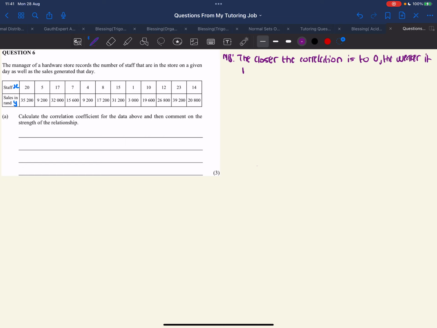And then the other one is that the closer the correlation is to plus or minus 1, the stronger it is. So this is a rule that I need you to remember when you are dealing with these sorts of questions.